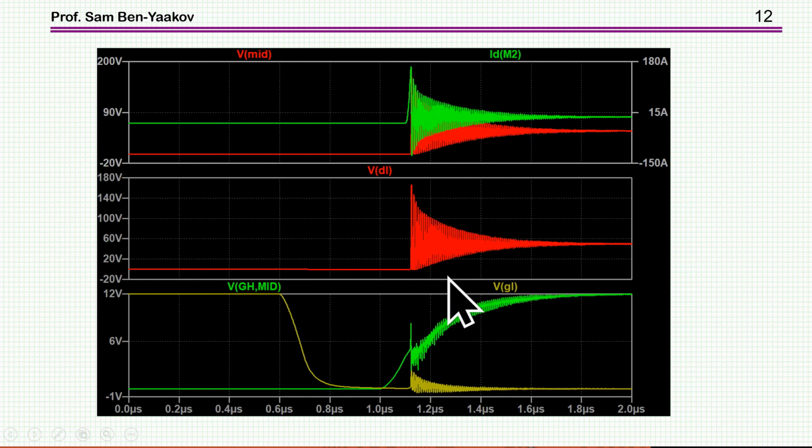It causes a high voltage stress on the transistor, and it actually propagates into the gate side through the parasitic capacitance. So bus inductance is very, very bad. One should make an effort to make the inductance as low as possible.